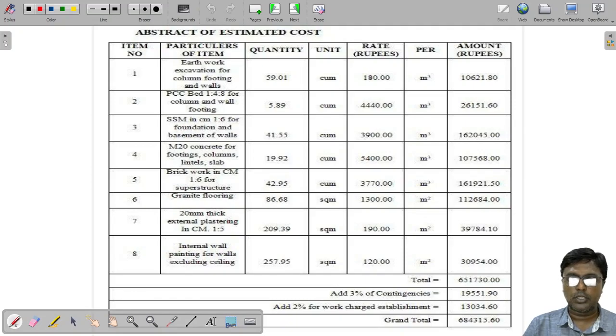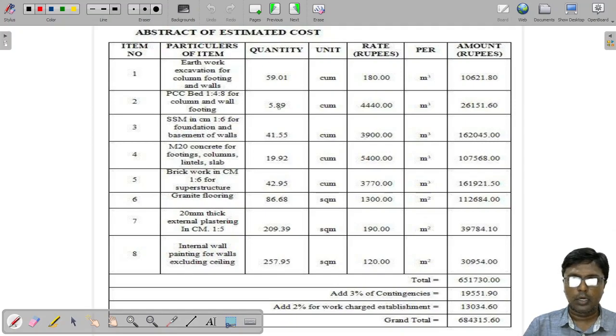So don't worry about these rates; you will get them according to the schedule of rates of that area. Here we have given it as 180 rupees per cubic meter of earthwork excavation. We just have to multiply the quantity with the rate to get the total cost of that particular item. Likewise, we have done it for all the 8 items.